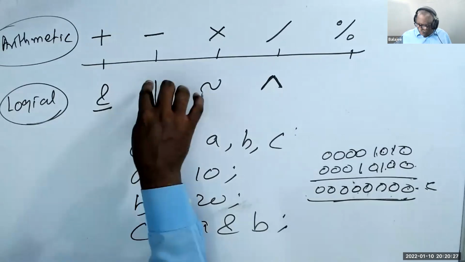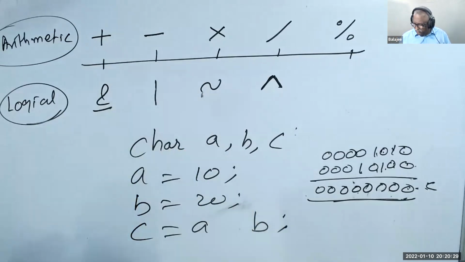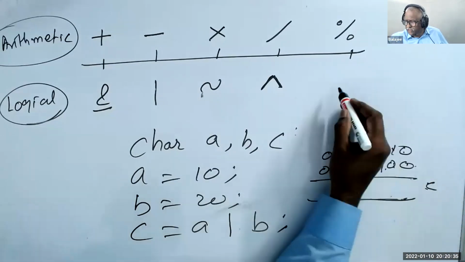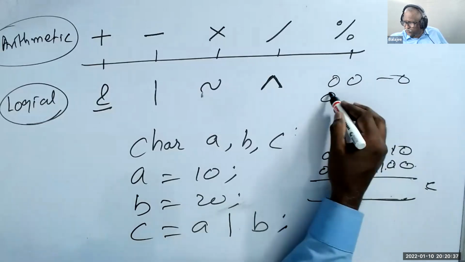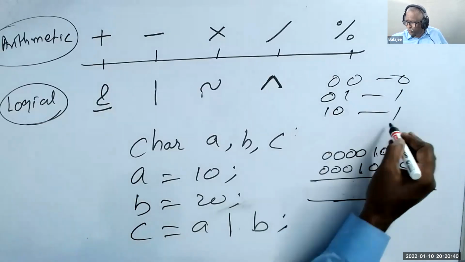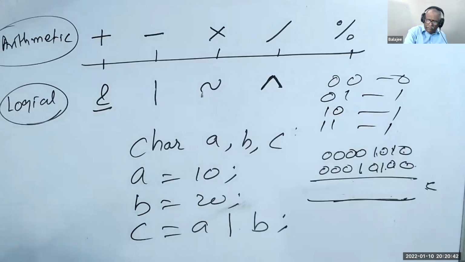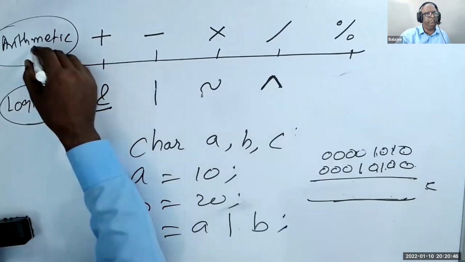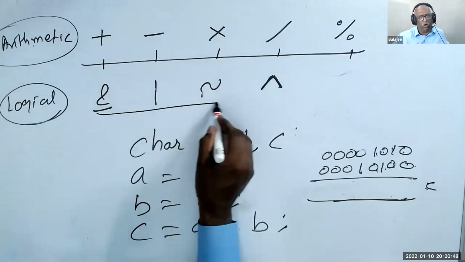If you use the OR operator, it performs bit by bit. Now you see here, in OR, 0 and 0 is 0, 0 and 1 is 1, 1 and 0 is 1, 1 and 1 is 1. Like in school we have been taught arithmetic operations, we have not been taught about these operators.